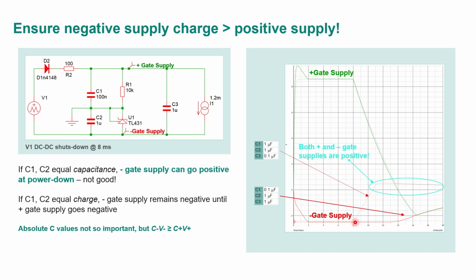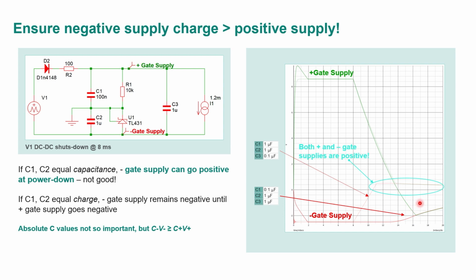But the negative supply, the dotted line here, goes above 0. And in this region here, I have both the positive gate supply and the negative gate supply for the IC are both positive. Right? So this could lead to an inadvertent turn on if you aren't careful.